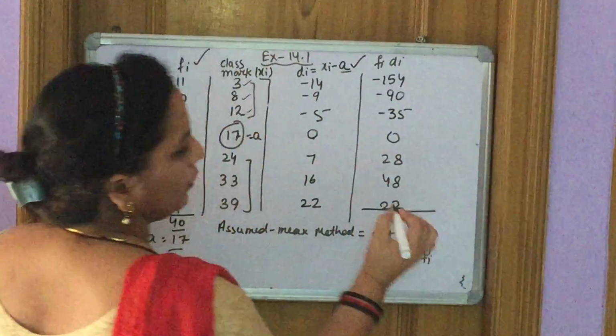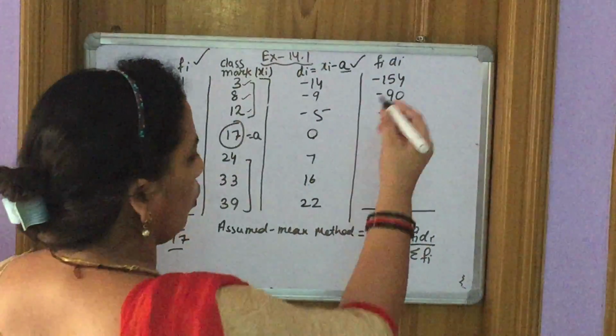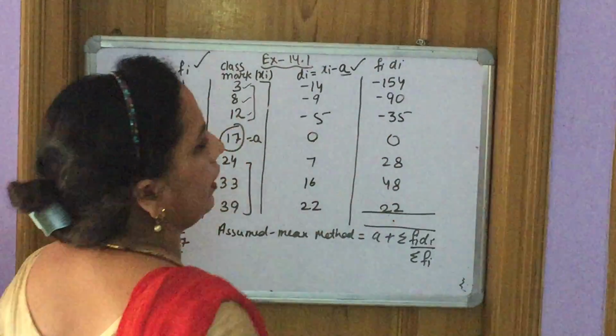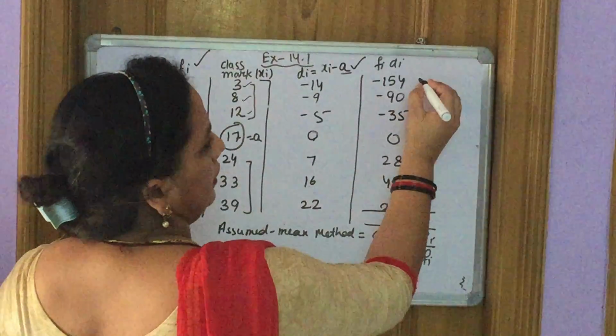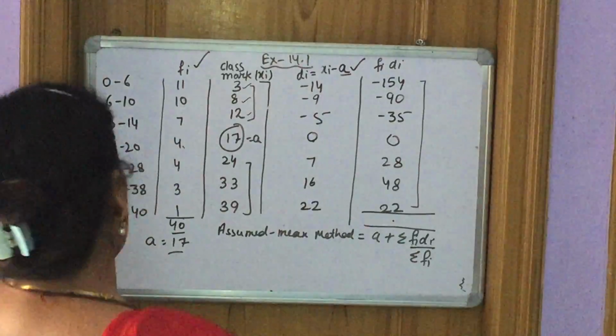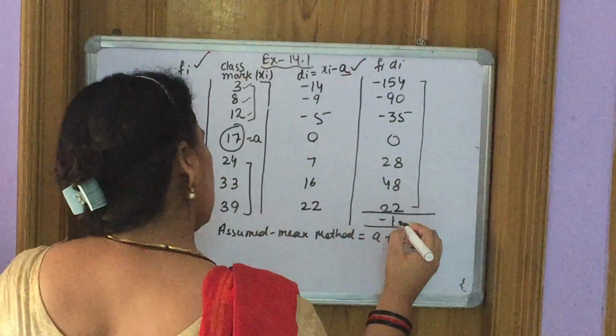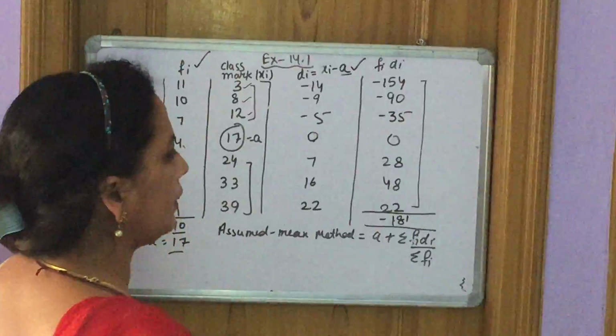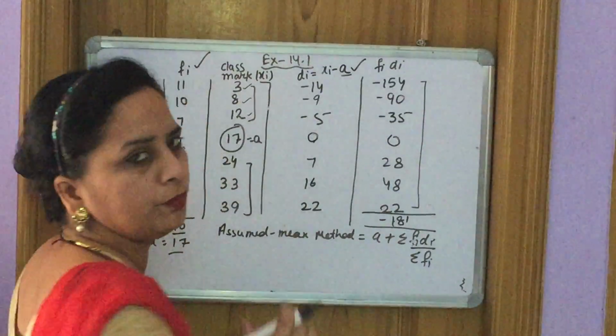After that we have to do the summation of this complete column. So the sum of this complete column, then we get the last value as minus 181. After that put all the values in this formula.